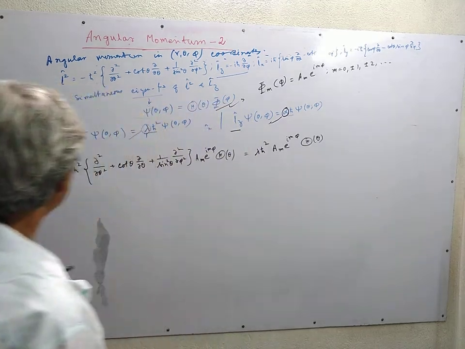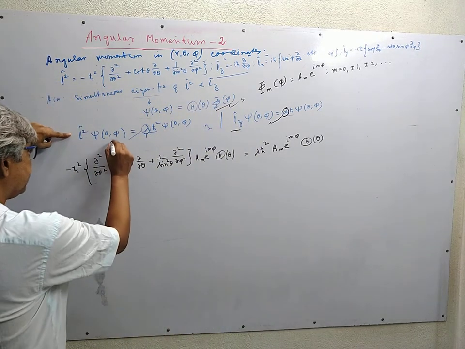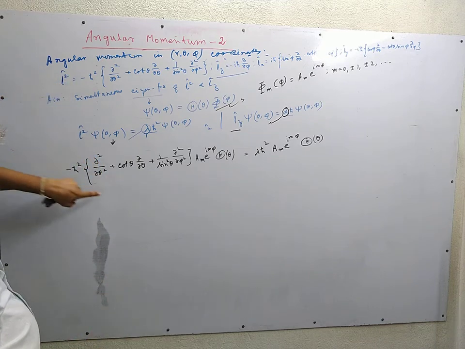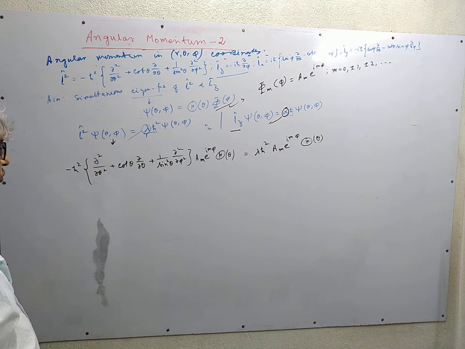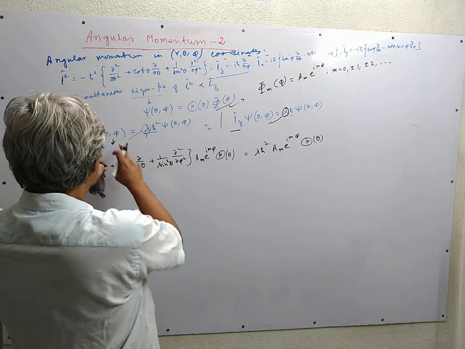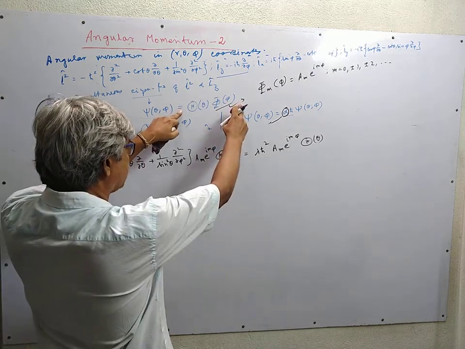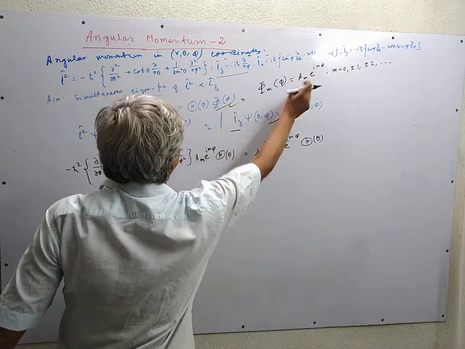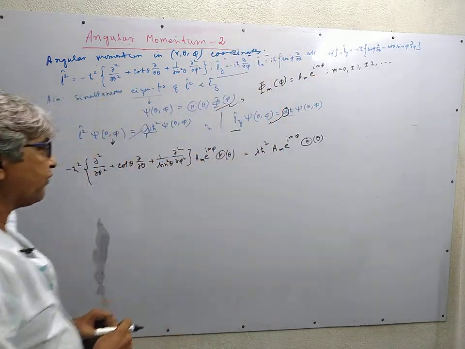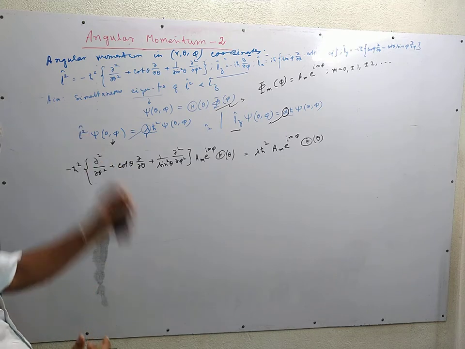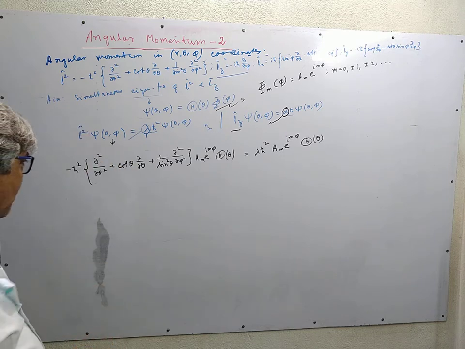So what we have done: we have used this equation for L square, replaced the explicit expression of L square, and for the eigenfunction I have used this trial solution with phi m as we obtained from the solution of the Lz eigenfunction.